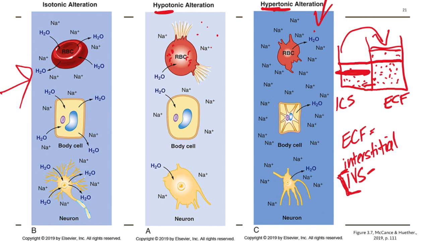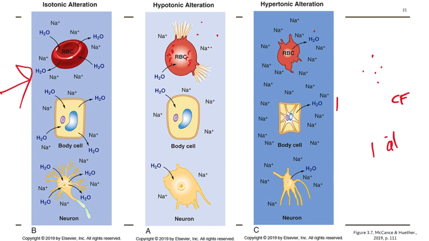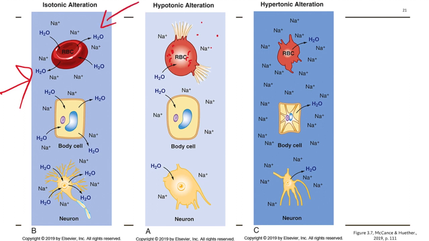Knowing all of that, what happens if the extracellular space is filled with an isotonic solution? Again, isotonic means it's basically similar to what's in the rest of the body.